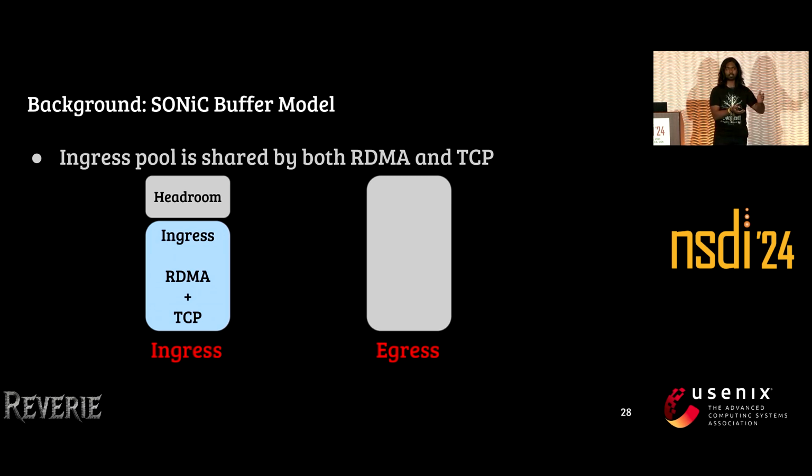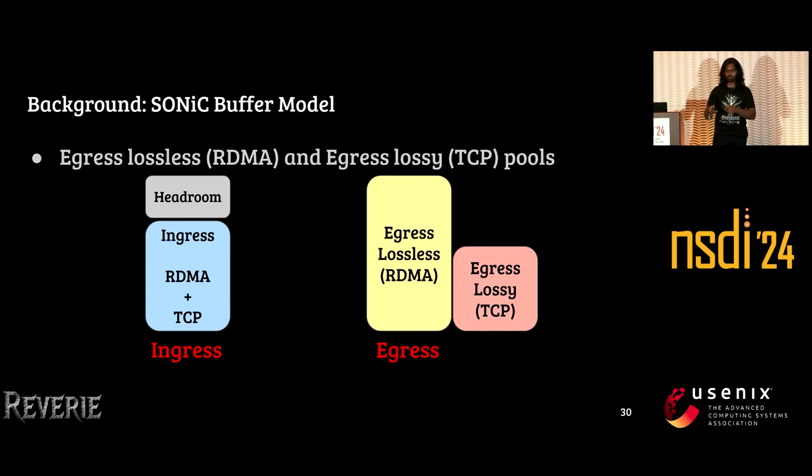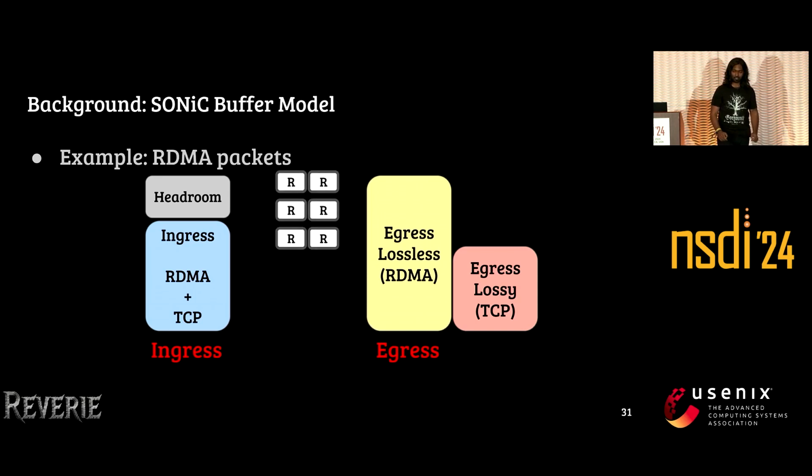There's a headroom pool that is dedicated for RDMA. In the egress, we have two pools for RDMA and TCP. So that's the SONiC buffer architecture. We still don't know exactly why it exists this way, but it was engineered this way. In this work, we do the first analysis of this complex architecture, and we find three interesting problems.